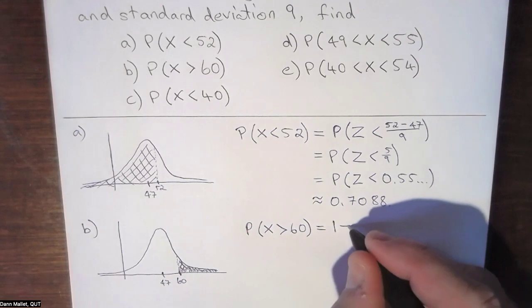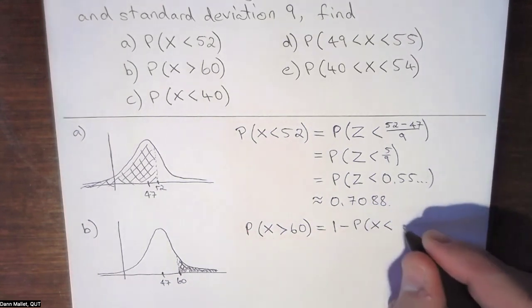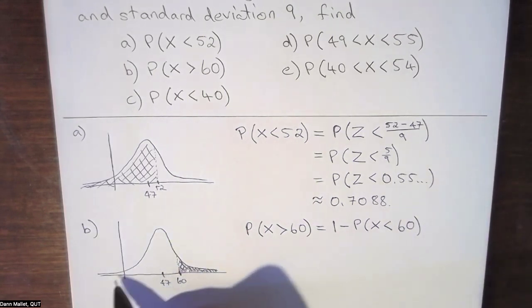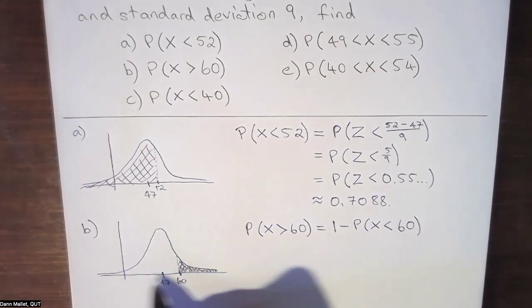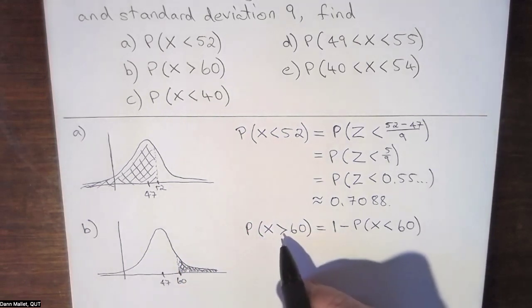So we'll end up with 1 minus the probability that x is, and this is important, less than 60. The probability that x is less than 60 is the unshaded area under the curve over here. So we want to figure that out, subtract it from the entire probability of 1, and that'll give us the answer we're looking for.